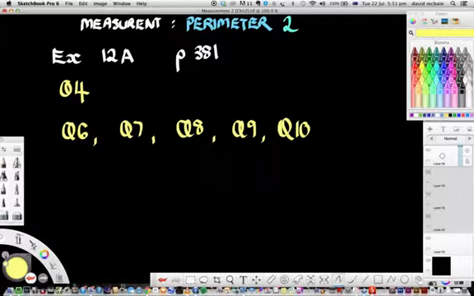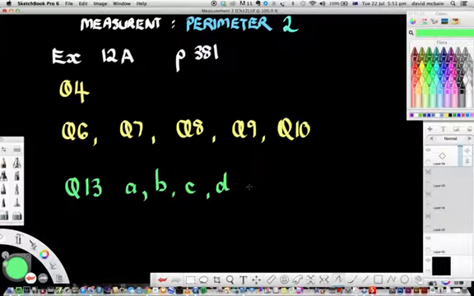And finally, the more advanced questions, which I'd like you all to do, or at least have a go at, is question 13 on page 383. And the ones I want you to do are A, B, C, D, F, G, H, and I. Those questions are on page 383.